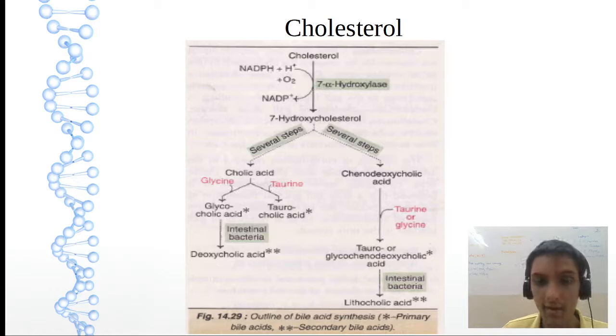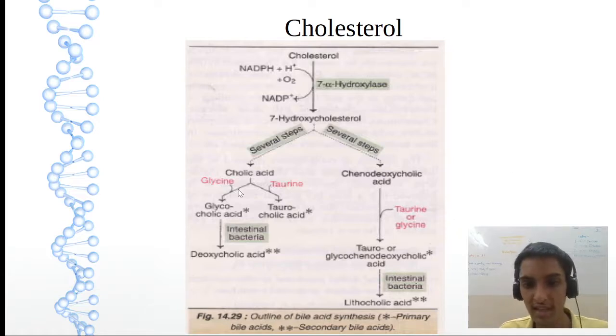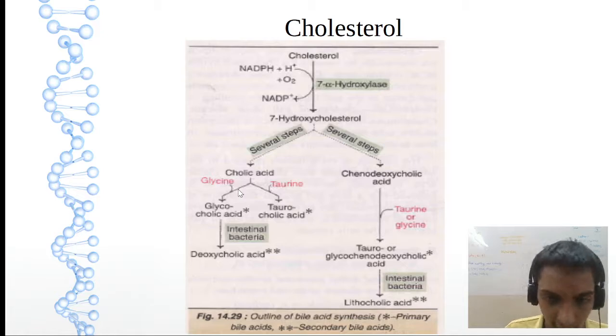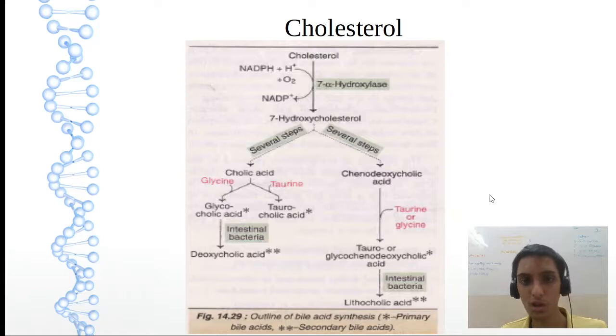Then there will be addition of propionyl CoA to both sides. Left side will get cholic acid, right side chenodeoxycholic acid. This is how we are getting it. Then there will be addition of glycine and taurine. So if we add glycine, glycocholic acid, same with chenodeoxycholic acid, that is glycochenodeoxycholic acid, the same goes with taurine.